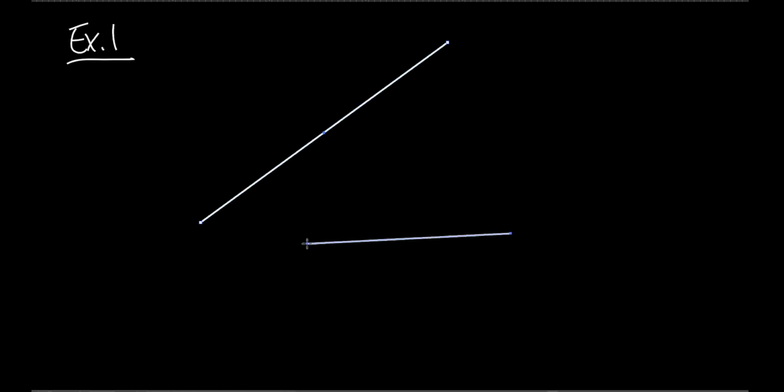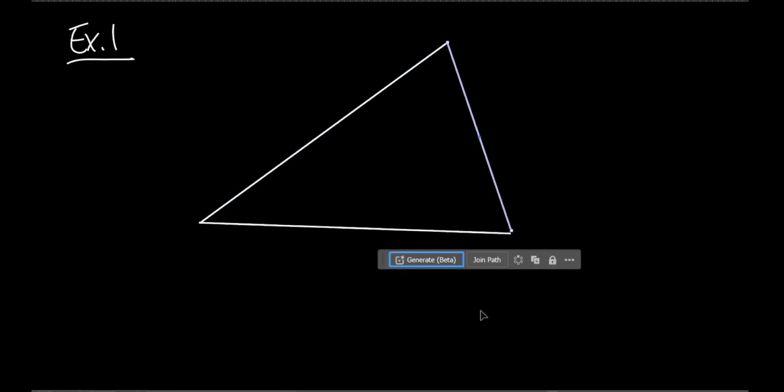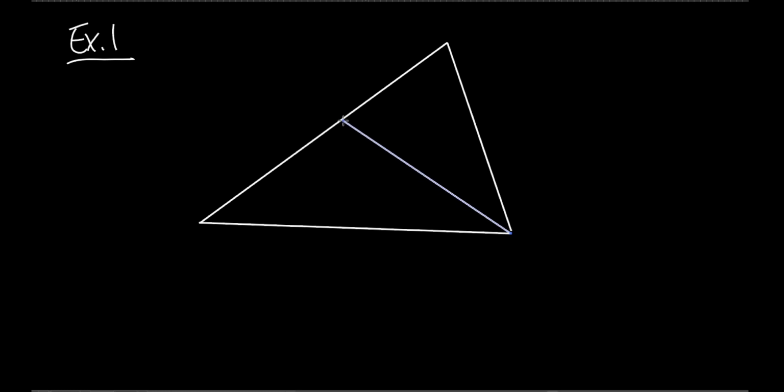So let's do a triangle that looks like this. This kind of looks obtuse, so I'm going to make it look like that, and then go to there. And then we're going to have, oops, what's all that mess? Then let's go from here to here. All right. And we're going to put some angles in here.